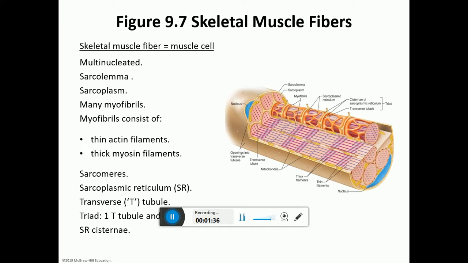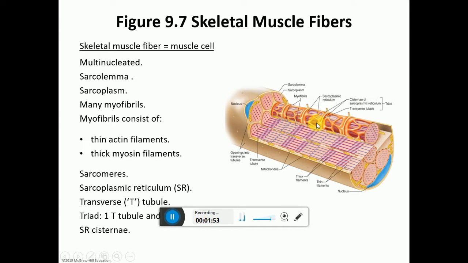And it has a very important structure known as the triad, which is made out of the cisterns of the sarcoplasmic reticulum, which pretty much means a place to store calcium.